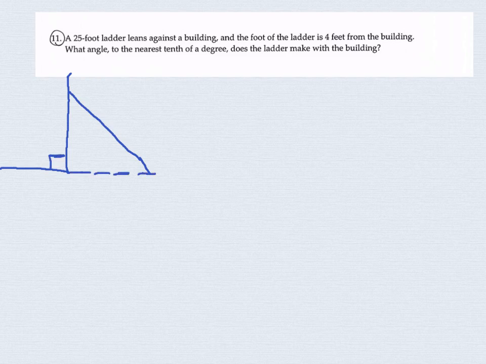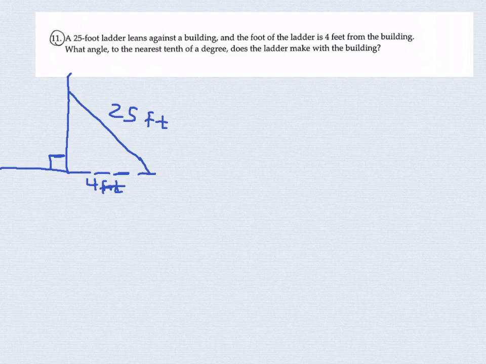The foot of the ladder is 4 meters from the edge of the building, or 4 feet rather. And a 25-foot ladder, so my ladder is very, very badly scaled. It should be much steeper and much more dangerous. I've got it almost like a 45 degree, but it wouldn't be.